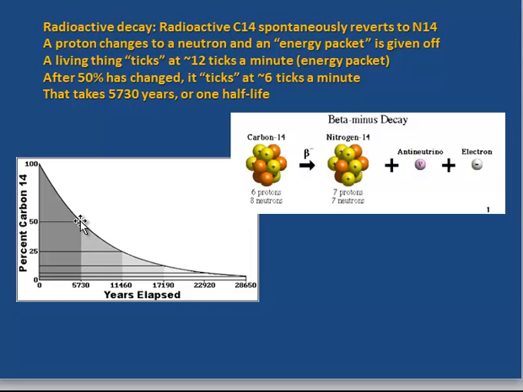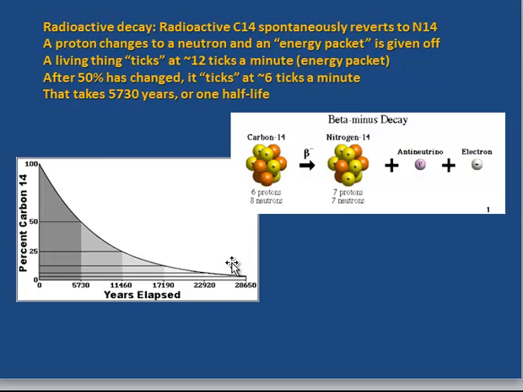That's measured by looking at very ancient trees that live very long time spans, and they literally date the tree rings. So another 5,730 years, half of the half. Now it's ticking at about 3 ticks a minute, then a tick and a half a minute, and so on until it's not ticking at all.